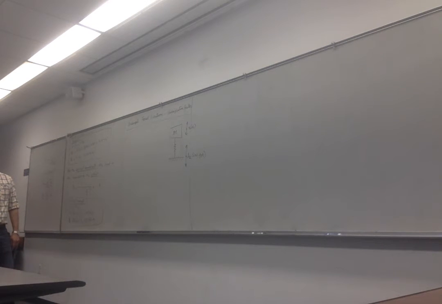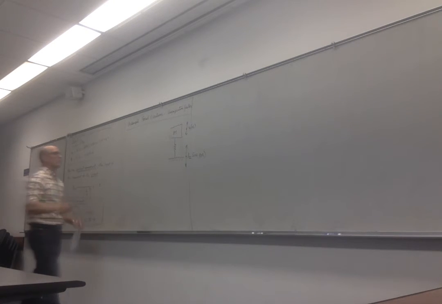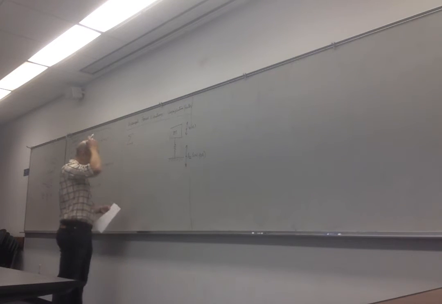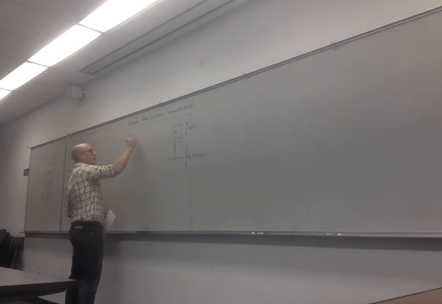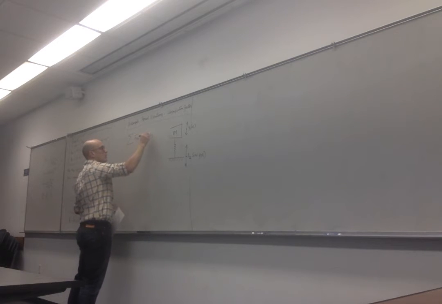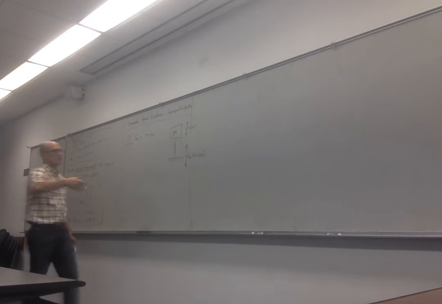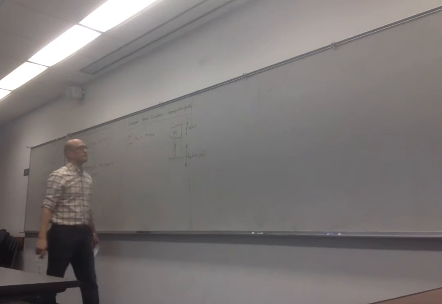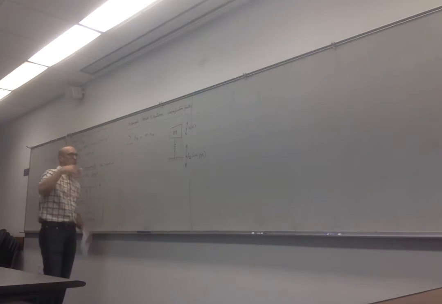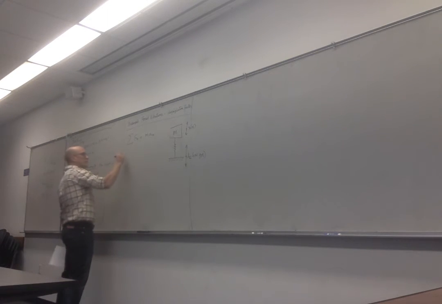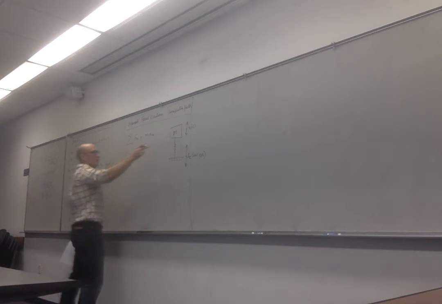So very similarly to what we've done for the free vibration, if we sum the forces in the x direction, that must be equal to the mass times the acceleration. But we have only two things on our mass here.